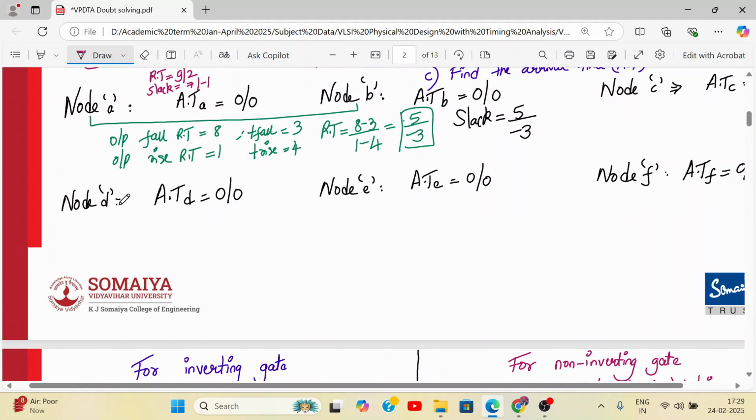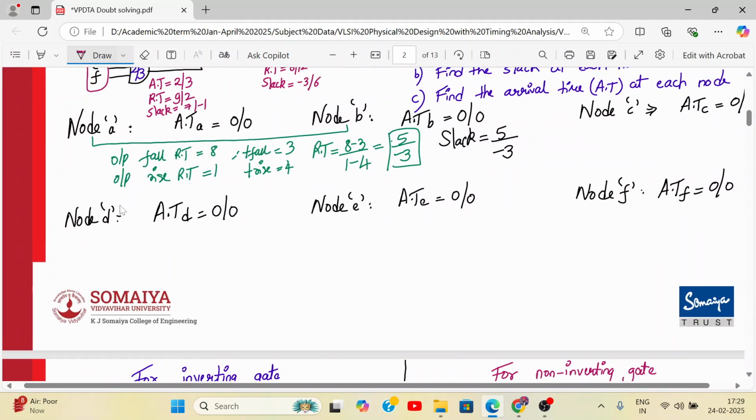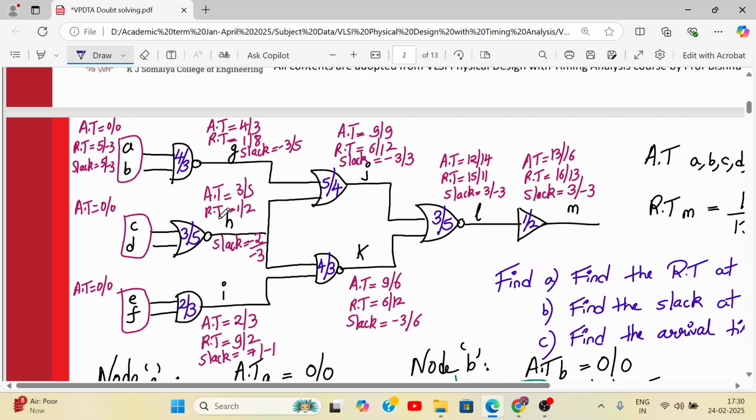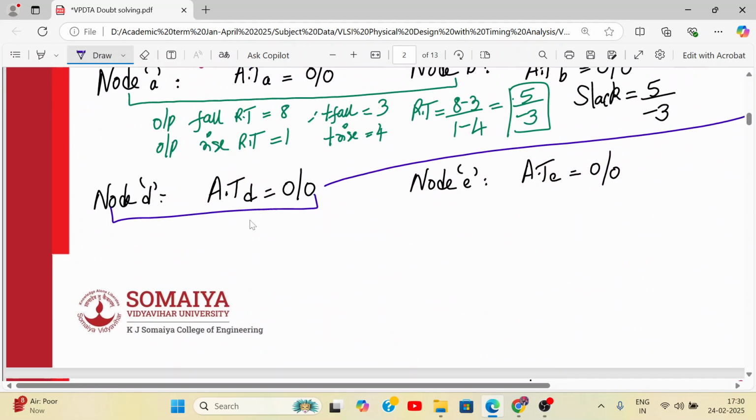Now let's calculate for C and D together. For C and D, what is the required time of the output over here? This is 1 and 2. So the output rise required time is 1, the output fall required time is 2. So let us write it down.